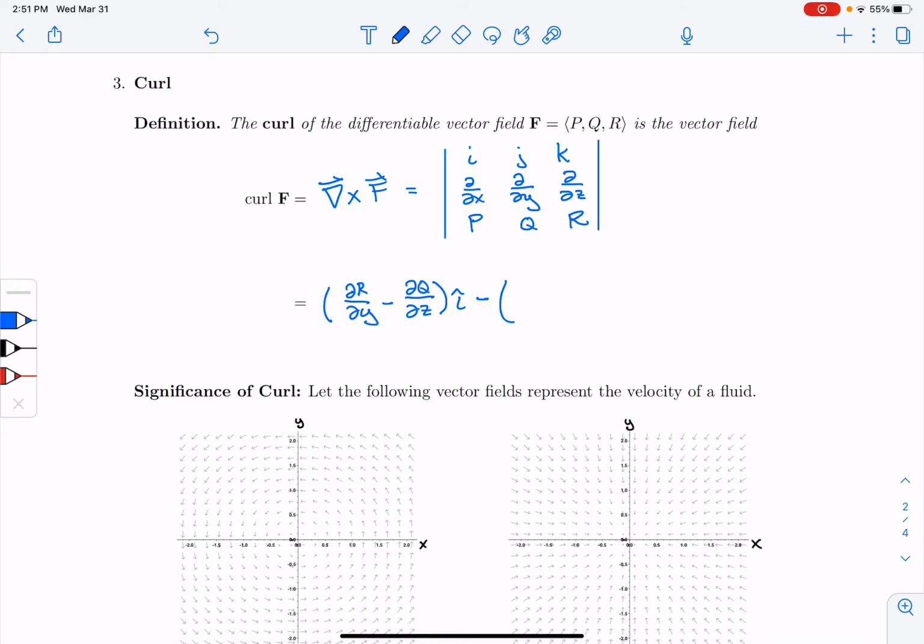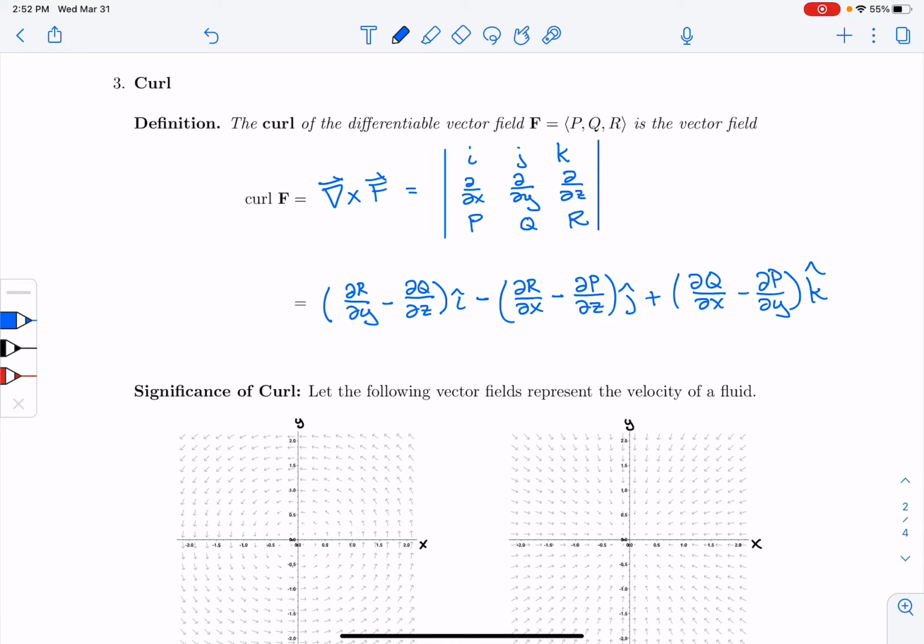So it's going to be dR/dx minus dP/dz times j, and then plus dQ/dx minus dP/dy times k. And so that gives the curl of our vector field.